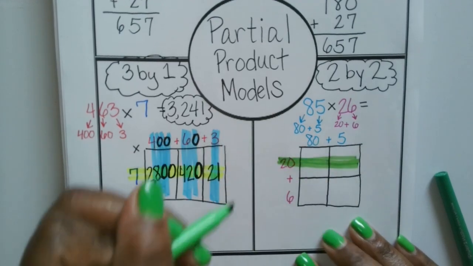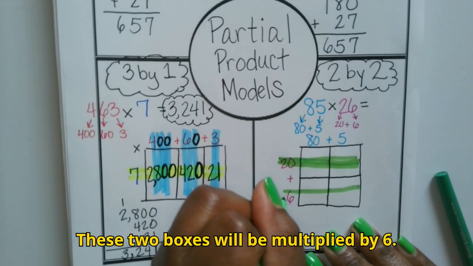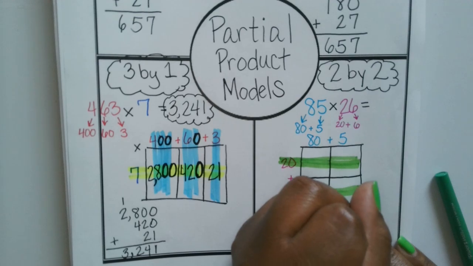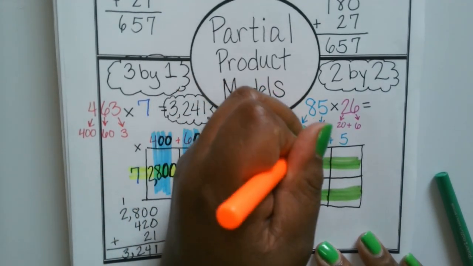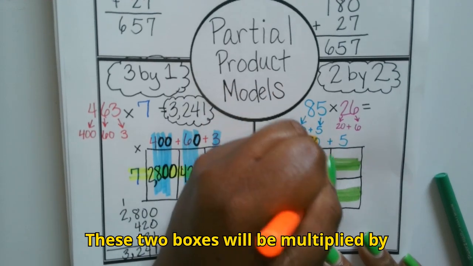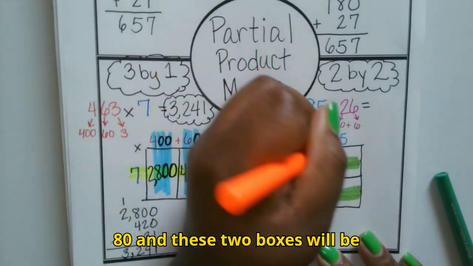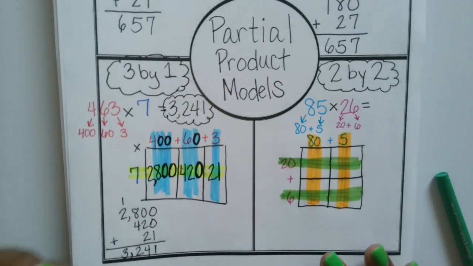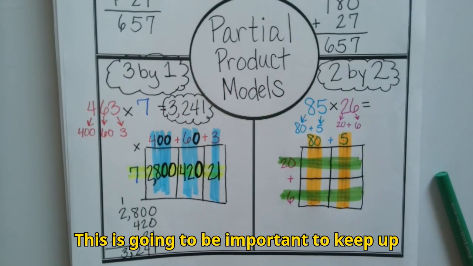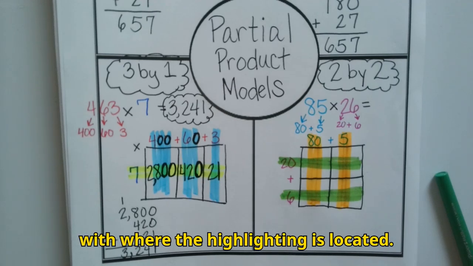Oops. These two boxes will be multiplied by 6. These two boxes will be multiplied by 80. And these two boxes will be multiplied by 5. This is going to be important to keep up with where the highlighting is located.